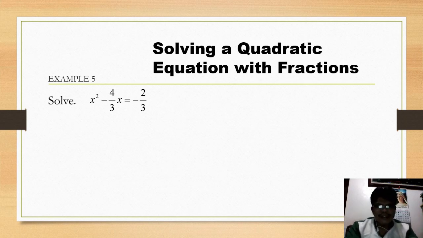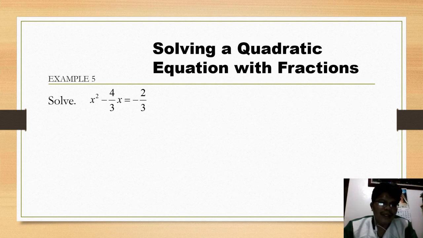So, the same dun sa example number 4, ilalagay natin ang equation ito sa equation na walang fraction. So, meaning, you're going to determine what is the least common denominator between 1, 3, 3, and of course, the LCD equals 3. So, ang gagawin natin ngayon, i-multiply natin both member of the equation by 3.